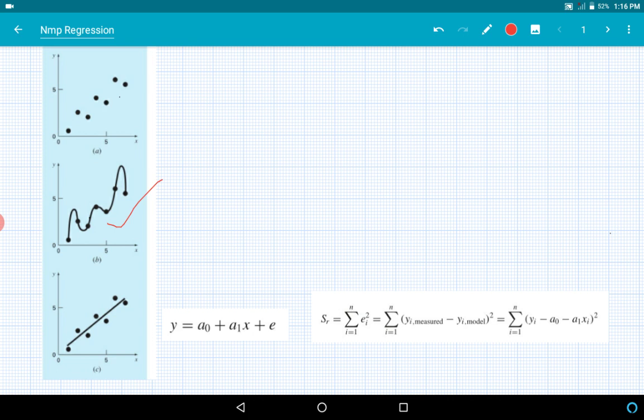Maybe since we have 7 points, we can fit a 7th order polynomial. The first order polynomial is your simple straight line, then you can have a quadratic equation, then a cubic equation, then 4th order, 5th order, and so on. So you can fit a very complex curve like this.